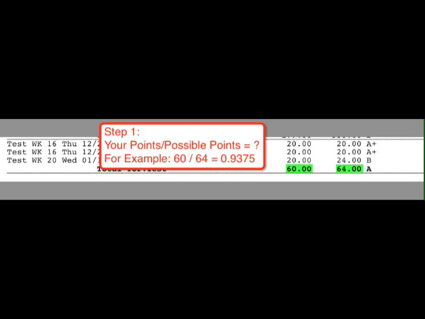Lastly, let's look at the quizzes and tests section. Take your points and divide it by the possible points. In this example, we take 60 divided by 64 and get 0.9375.